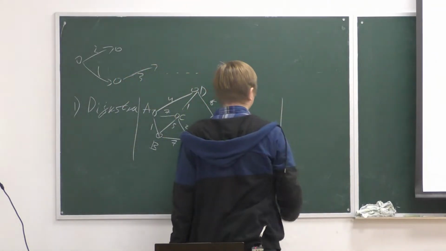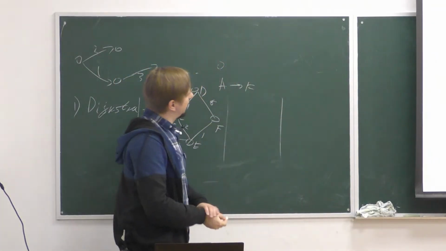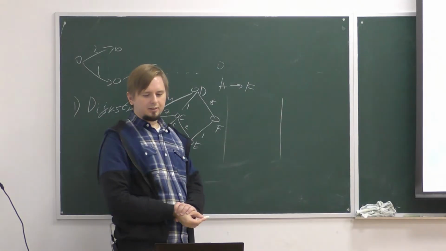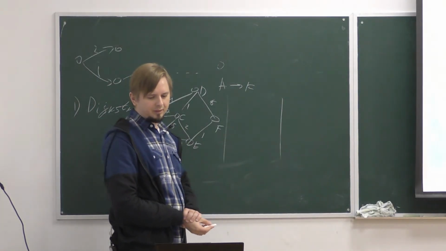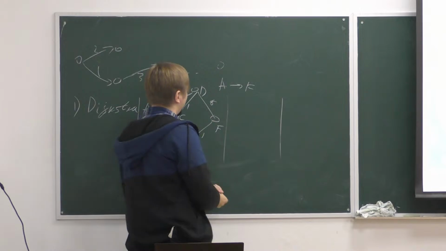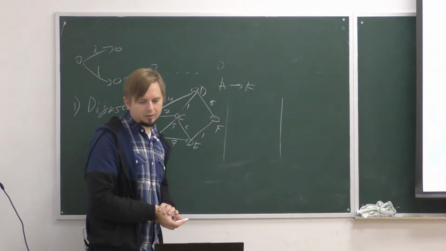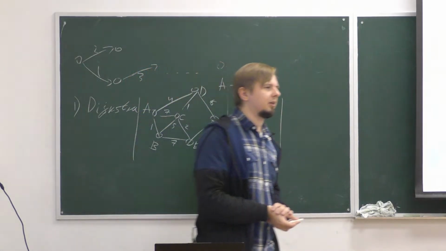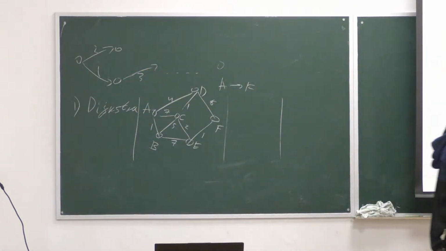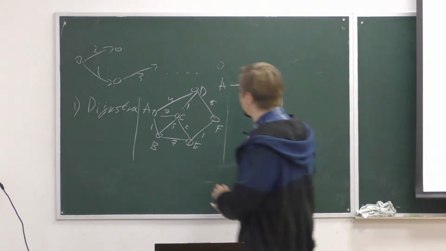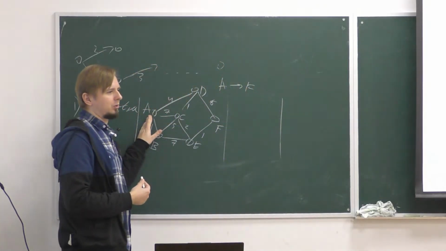So let's write two tables here. We have two arrays. The first array will be, in the last step, all shortest path lengths from A to any vertex.